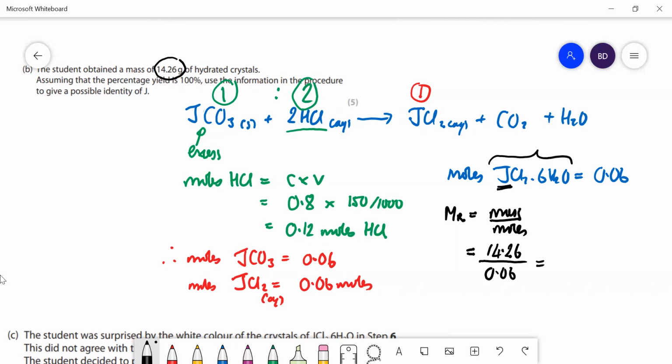That gives us an MR of 237.7. Okay, that's the MR. Now we need to work out how much all the other things weigh. So we know here how much the waters weigh.